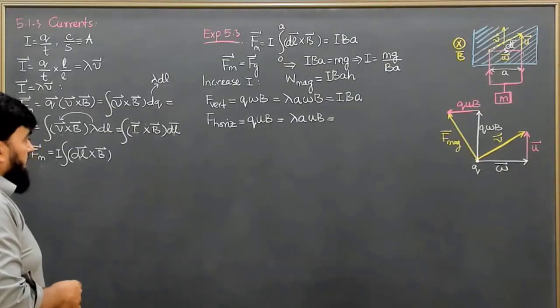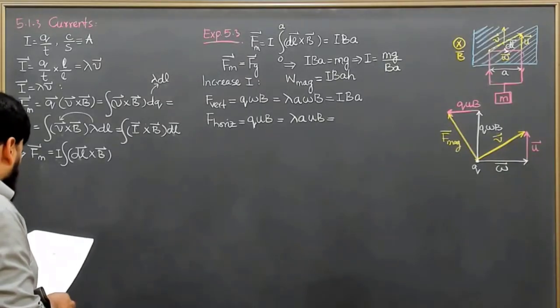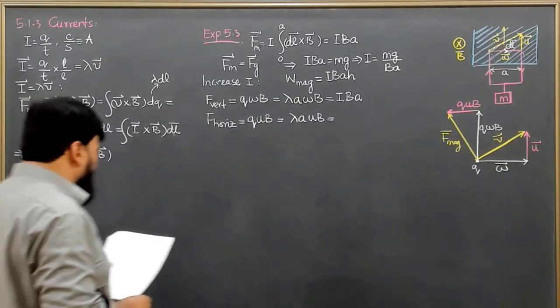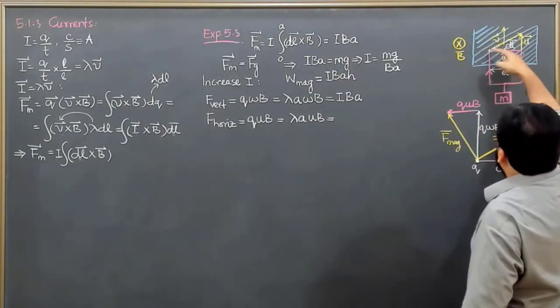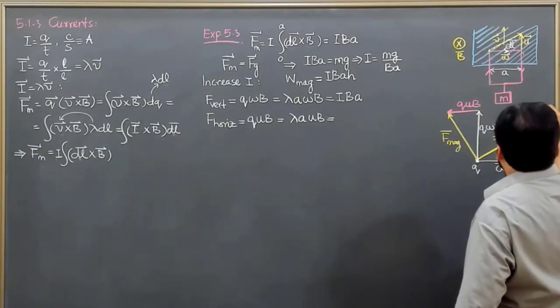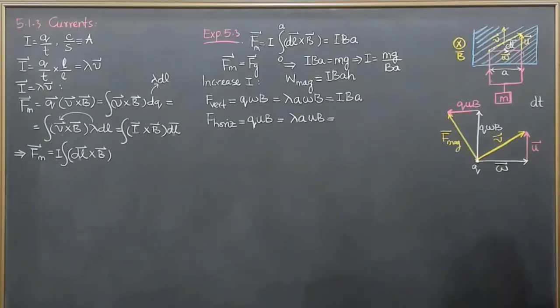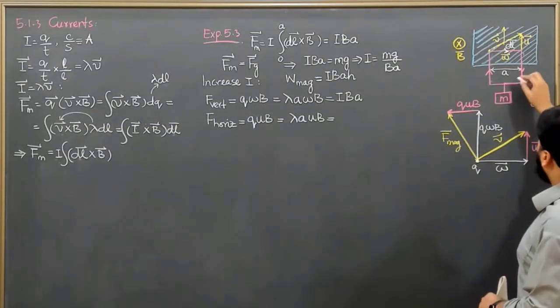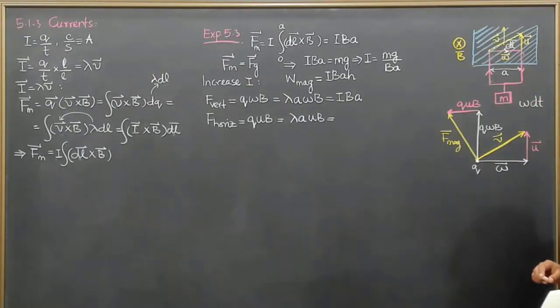And now I calculate the horizontal one. Look here that in time delta t, the charge moves along the horizontal distance. In time dt, it will move with velocity W, so W dt is the distance it will move.